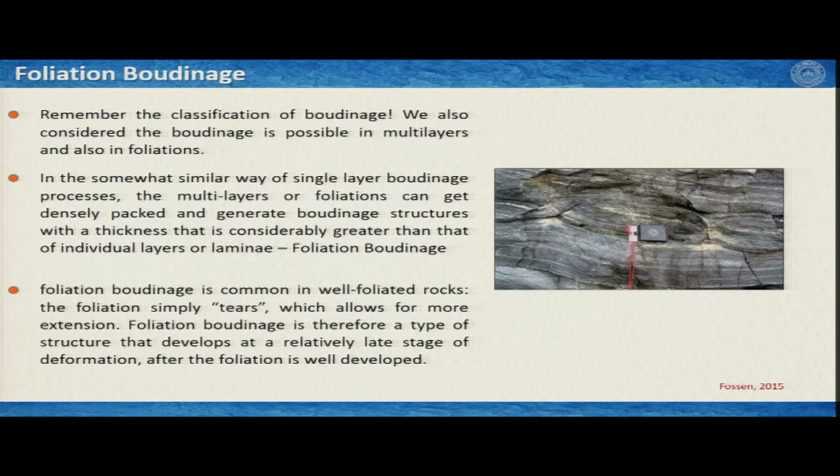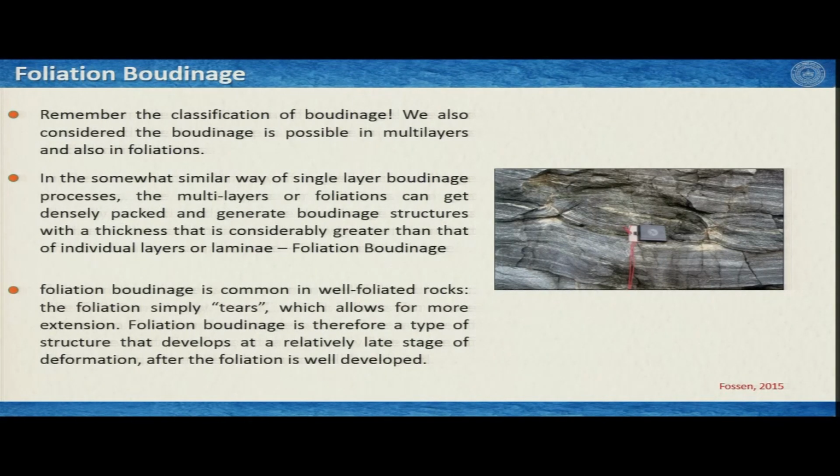Let us move to the next topic, which is the foliation boudinage. Now, we have learned about it. If you remember the classification, we also considered that boudinage is possible in multilayers and also in foliations.